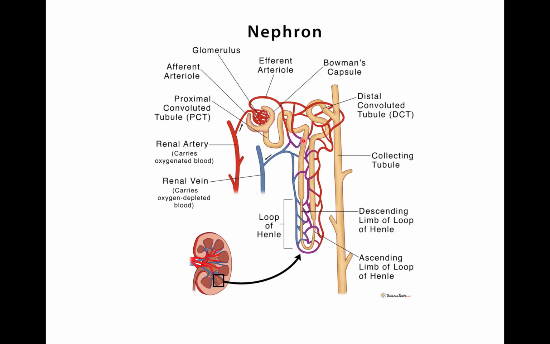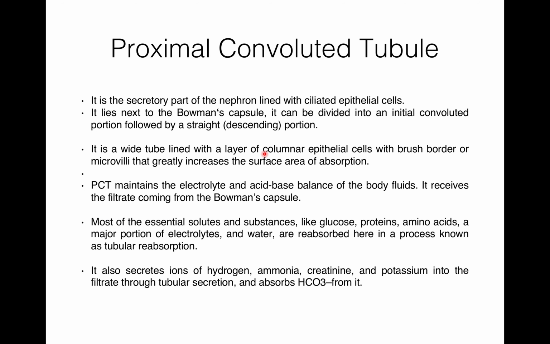It also secretes ions of hydrogen, ammonia, creatinine, and potassium into the filtrate through tubular secretion, and it also absorbs HCO3 from it. I have discussed all these points over here.